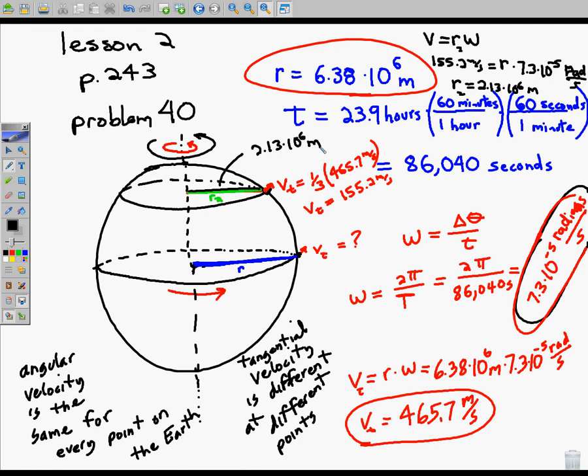So they want to know the latitude angle. So if we draw a line going up like this, they want to know what this angle is here.